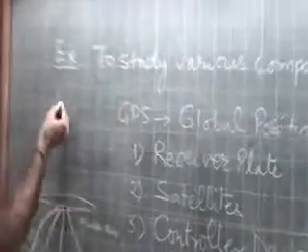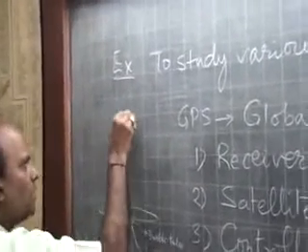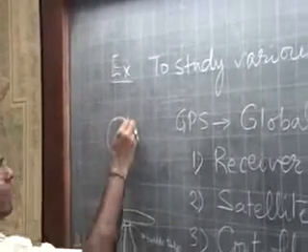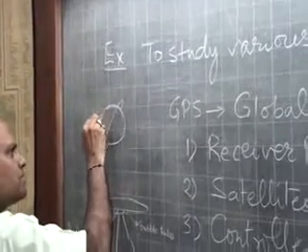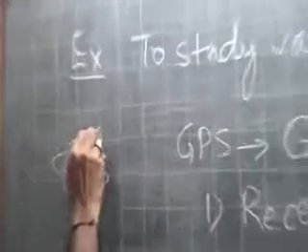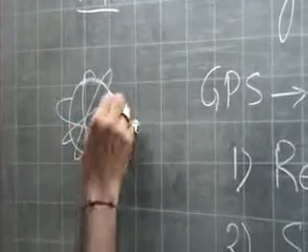Up in the sky there are satellites moving. If I show you the Earth surface and the paths of these satellites, these are the paths in which different satellites are moving.